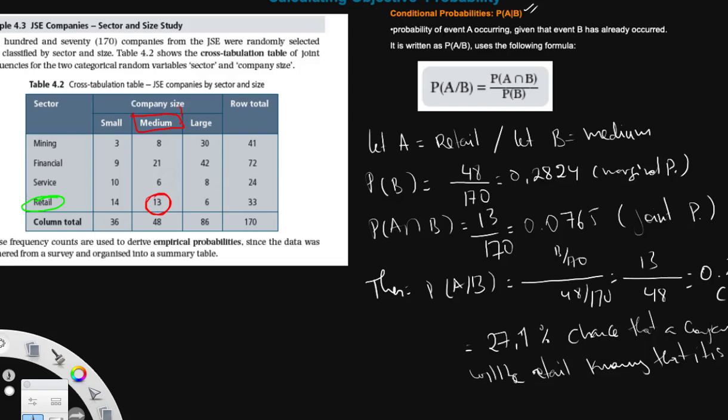Okay, so that's it for calculating objective probability. The next topic we're going to look at will be probability rules.